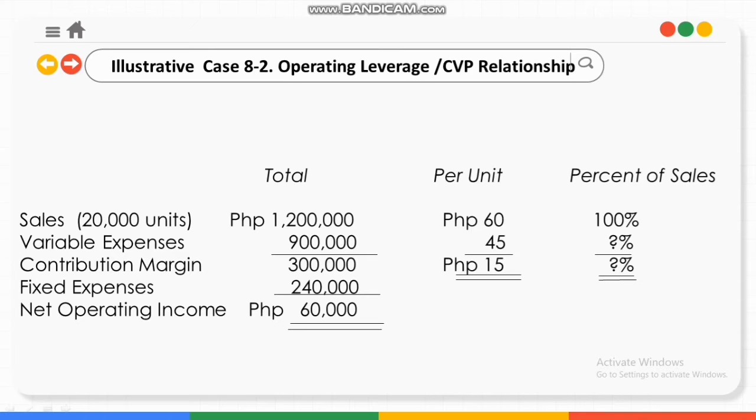So, yung sales per unit is 60 pesos, tas yung variable expenses per unit is 45 pesos. So, 60 pesos minus 45 is 15 pesos. Percent of sales, 100%. Management is anxious to increase the company's profit and has asked for an analysis of a number of items.